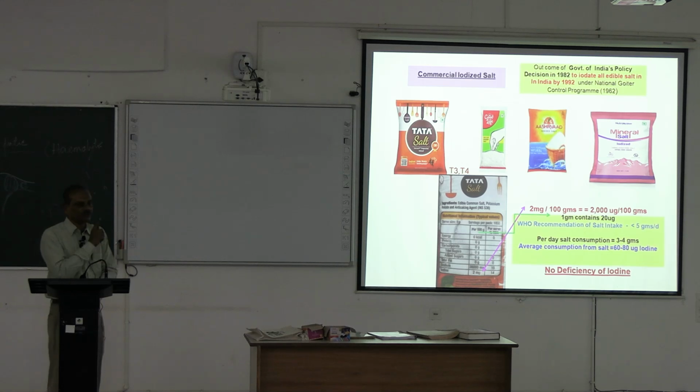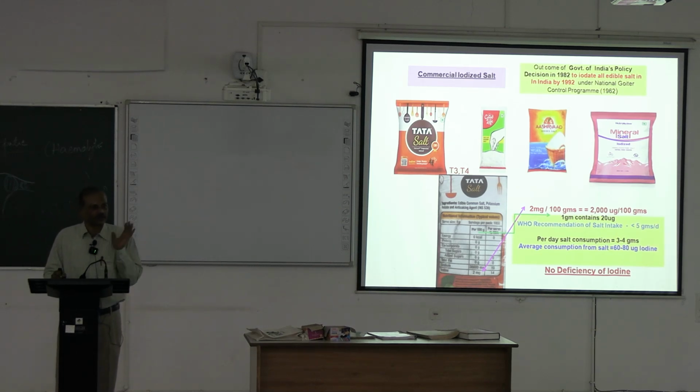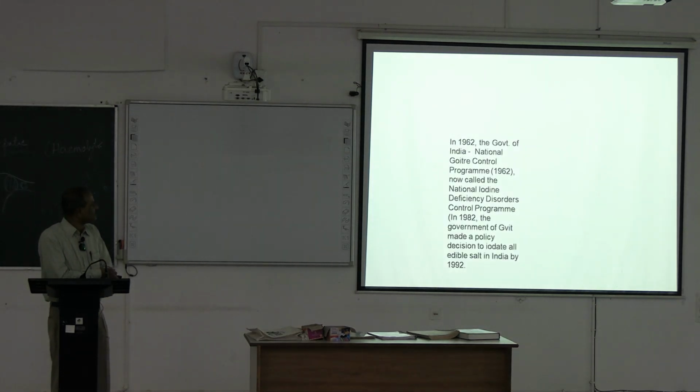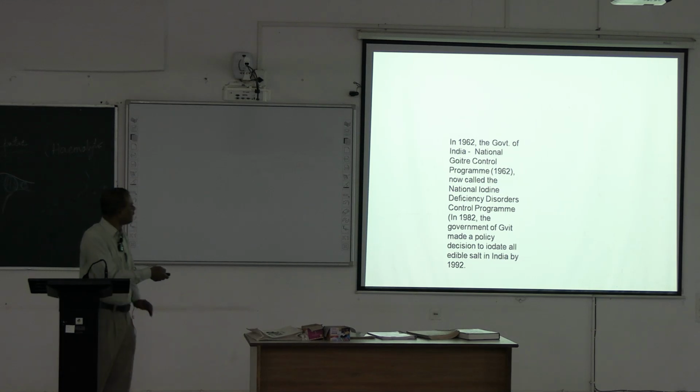So iodine deficiency will not occur from the diet. The goiter which we are seeing today is not an iodine deficient goiter. That must be clear. Earlier it was there. Because of the iodination of salt, it is not there. So this was a landmark decision of the Government of India.